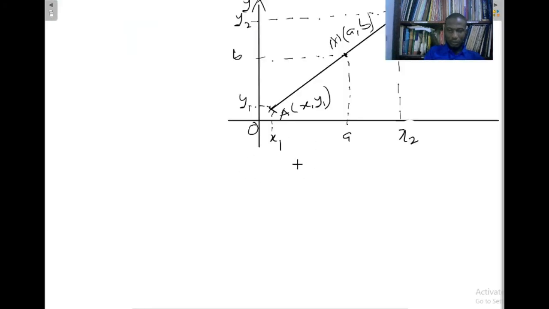So the distance x1 to A is the same as A minus x1. And we are saying that the distance is the same as from here, A to x2, which is the same as x2 minus A.